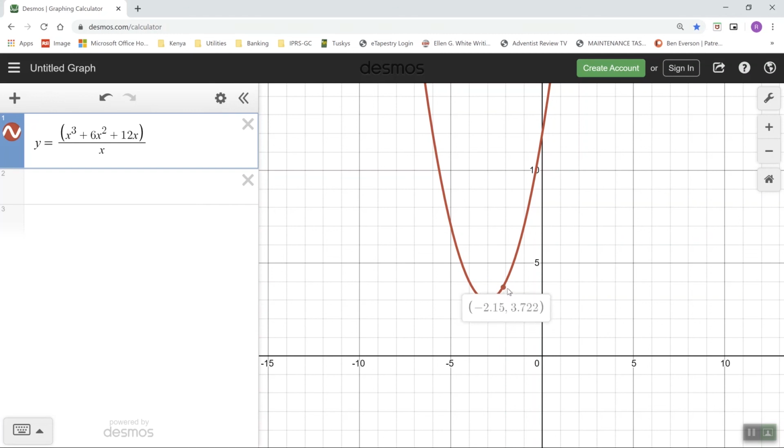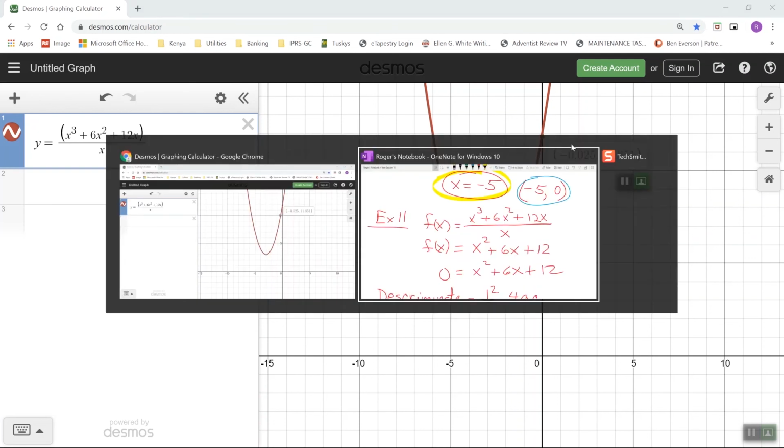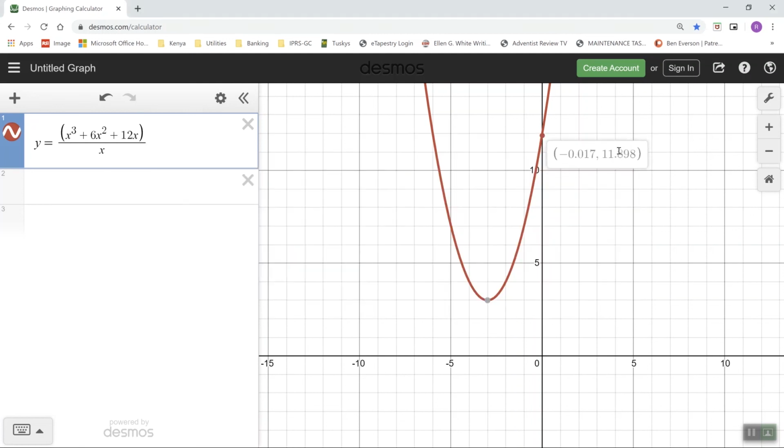But remember also, x cannot be equal to 0. We should see a removable discontinuity when x equals 0, which is somewhere right about there.